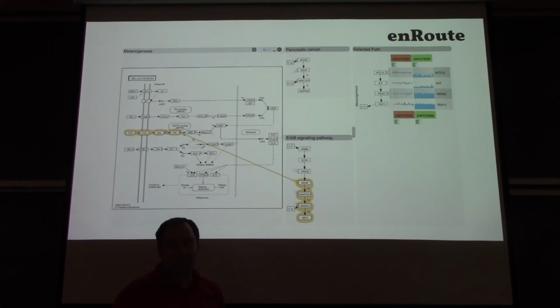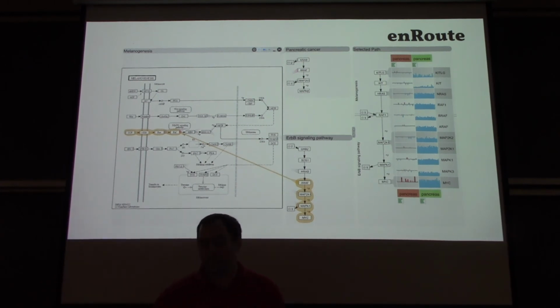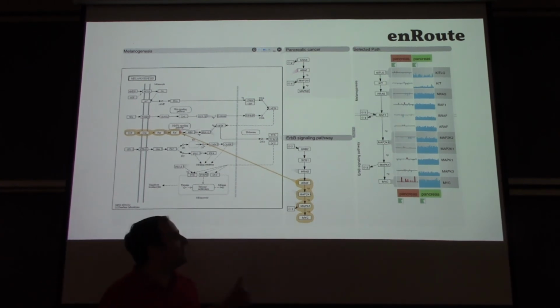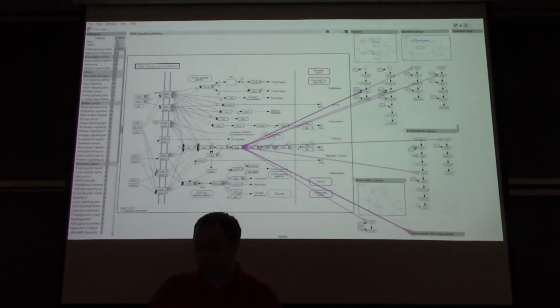We can extend that path selection, and then the technique automatically extends that and shows us the attributes about those nodes. And so here you can interactively look at what is going on with respect to the attributes in a single path.